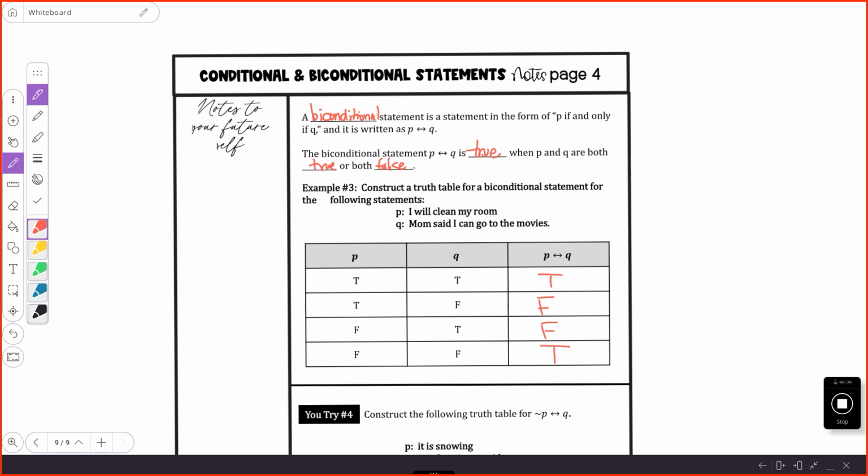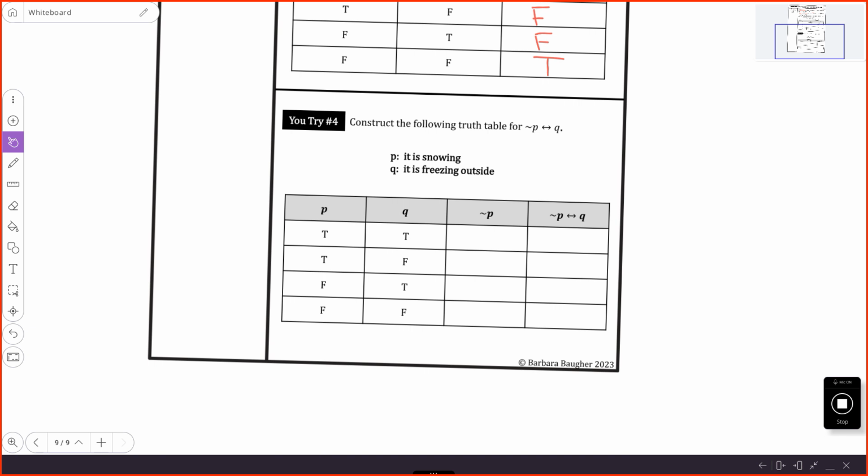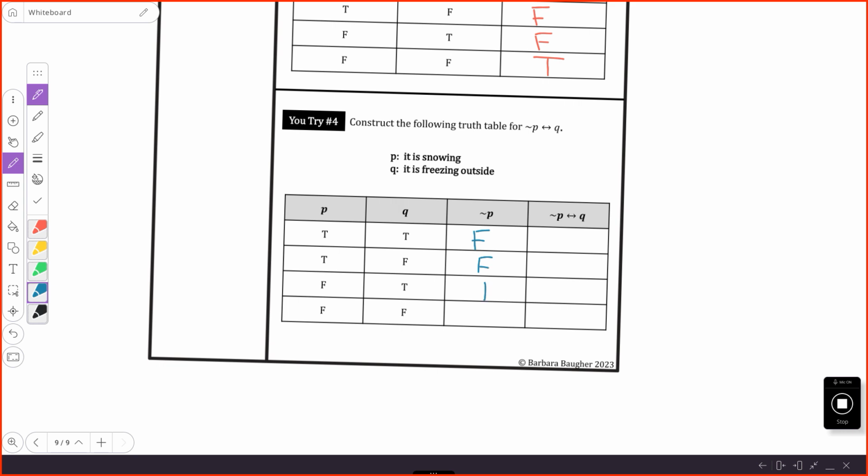So now you can try the one at the bottom, now that you know the rule. And the rule is, if they're both true, it's true.